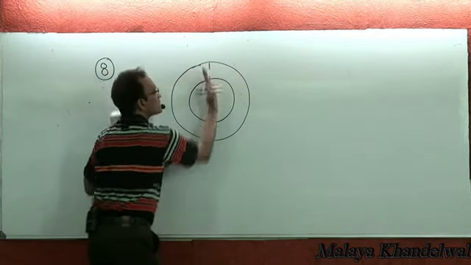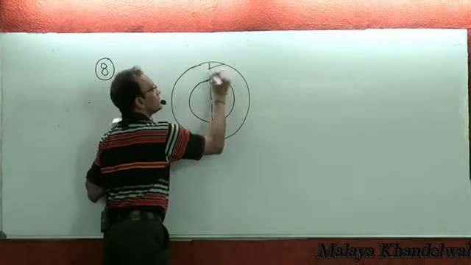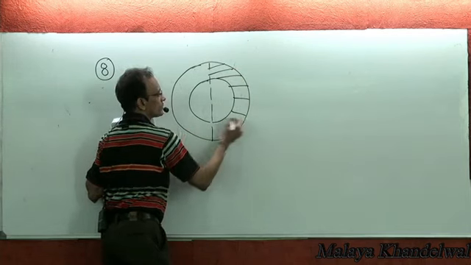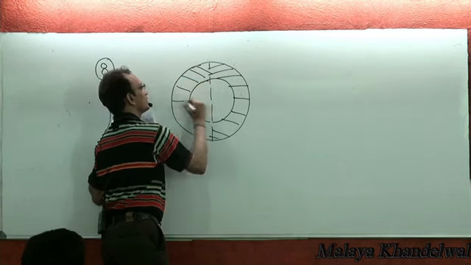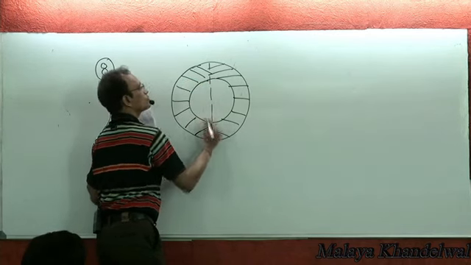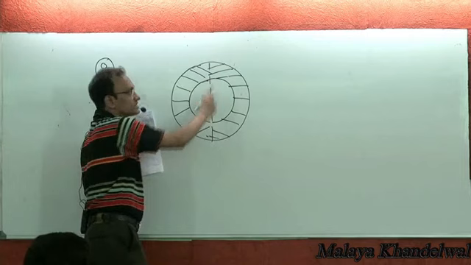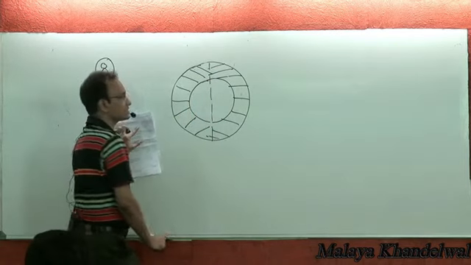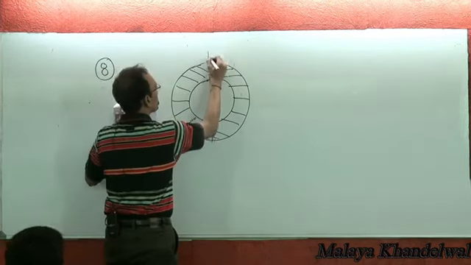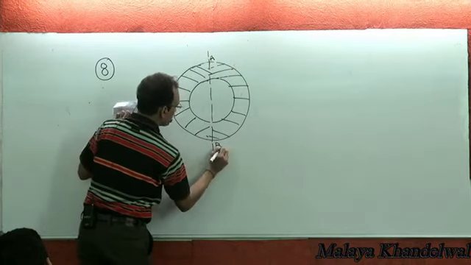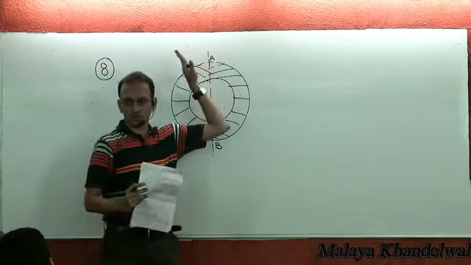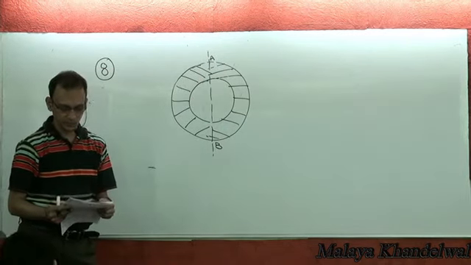This is the separation. This is one hemispherical shell, thin, very thin, and this is another hemispherical shell. AB is the common plane of the two shells.